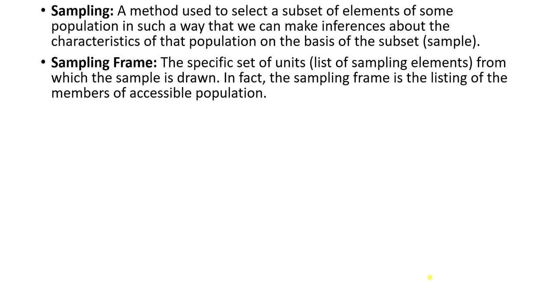An example may be, suppose we are studying the population of Varanasi city, then the telephone directory of the whole of Varanasi may provide a list of telephone users. Suppose my population is defined as the telephone users of Varanasi, then the telephone directory will form the sampling frame.